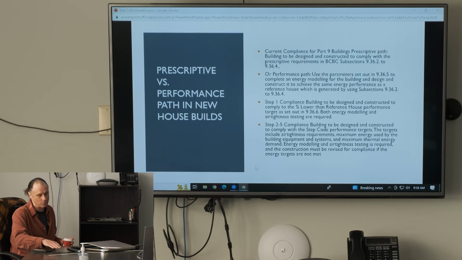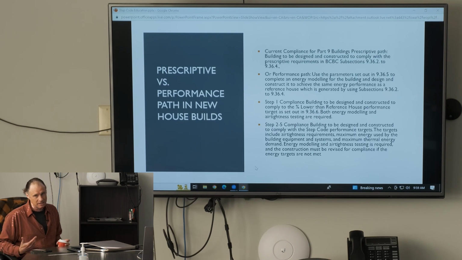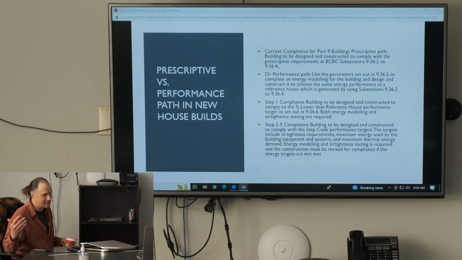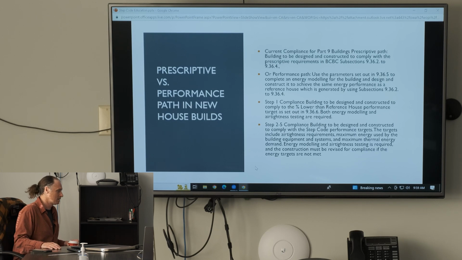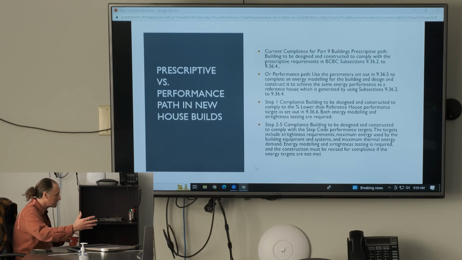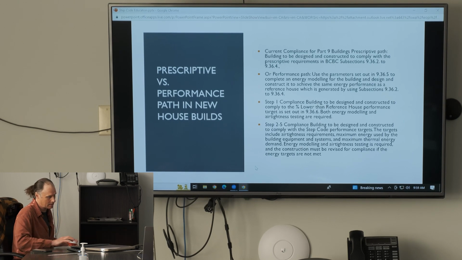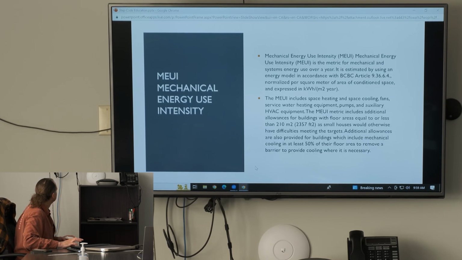That's a point where you can really find out if you have air leakage, if you don't have a continuous air barrier, and you can easily address those issues before all the siding and finishing is put on. You can find out where the leaks are coming in and address those things.